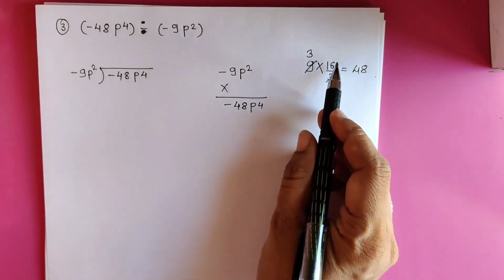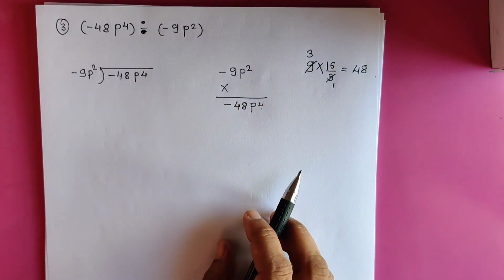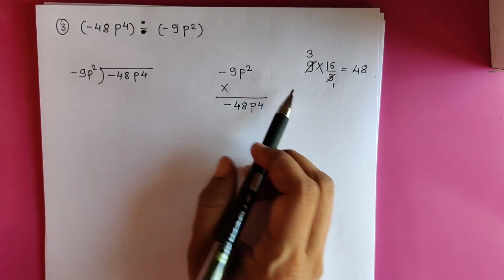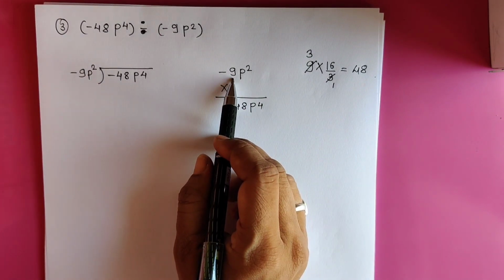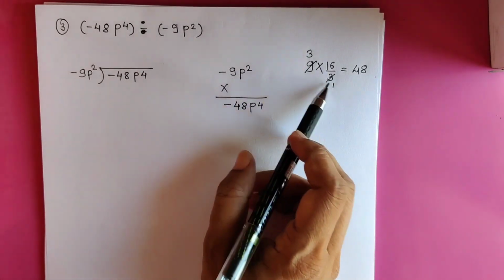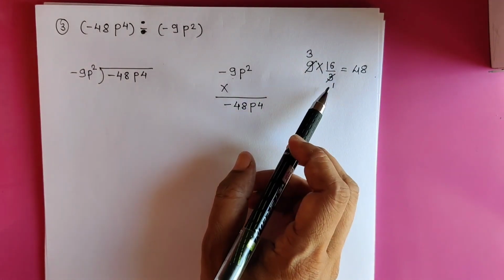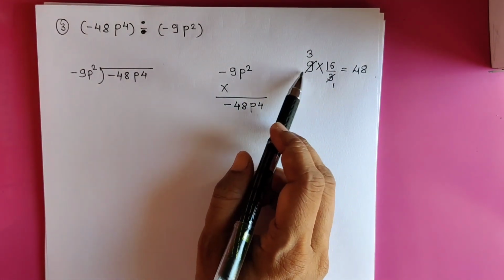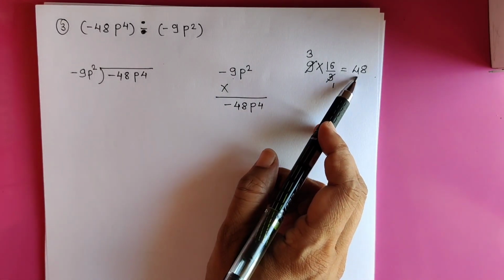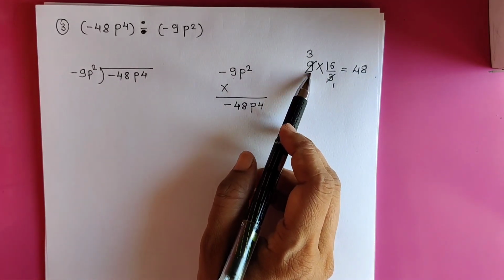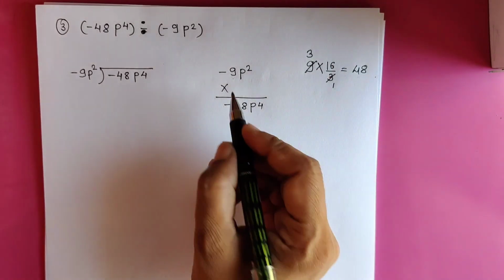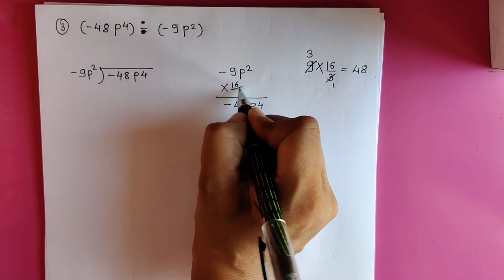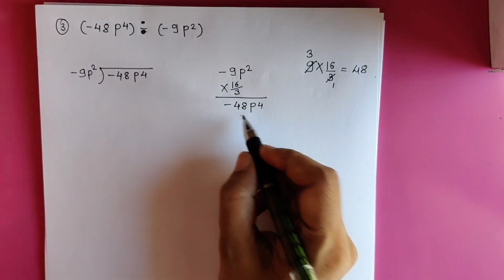So in this way we have to find a rational number if the answer is not in the table of this number. We have to find such a rational number or such a fraction. If you multiply the number by that fraction, we get the answer. So if you multiply 9 by 16 upon 3, we get 48.